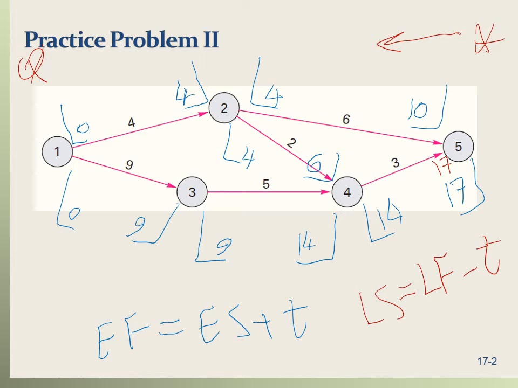So the late start for activity 4 to 5 is the late finish, which is 17, minus t, which is 3. So that's 17 minus 3, that's 14.